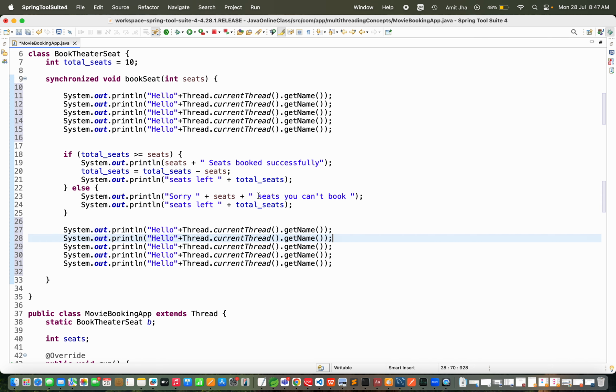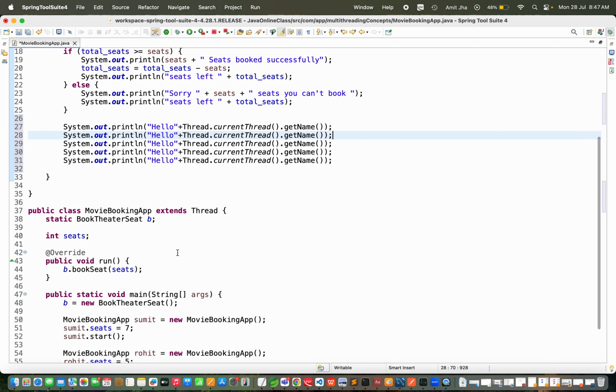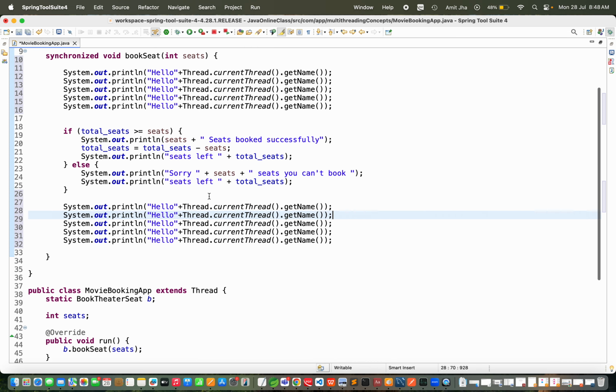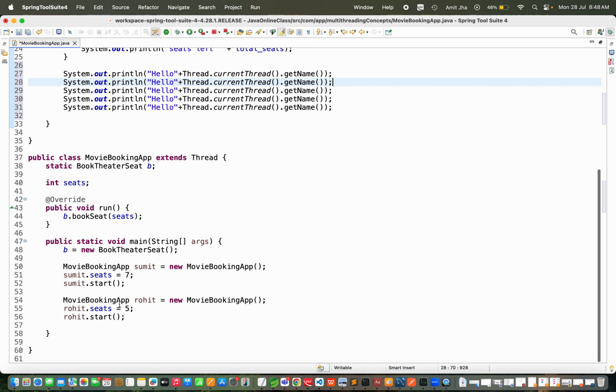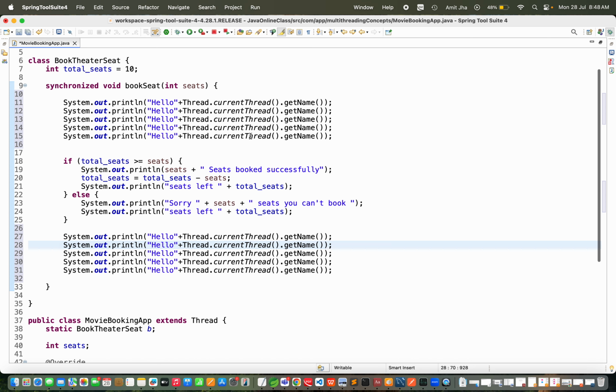You know this very well, correct? So suppose the first thread came into the picture to execute this task. The other thread will be in lock state unless the first thread completes its task.